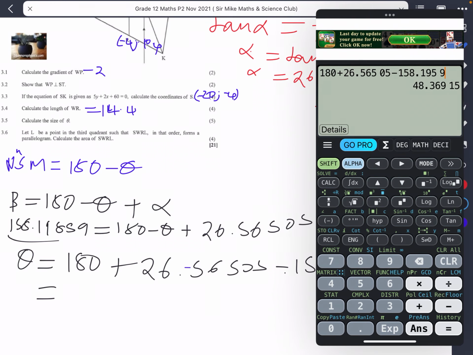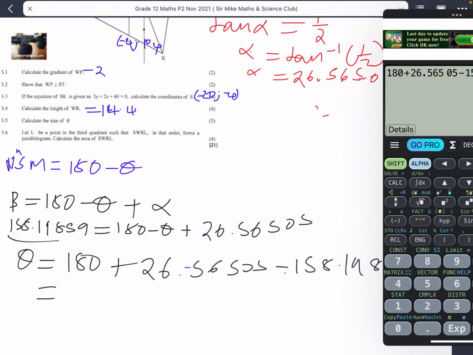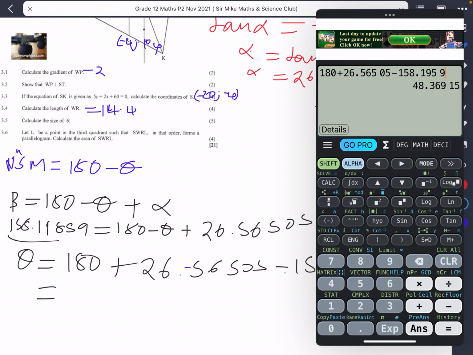So that was actually 19859. So in this case, you actually get theta being 48.367. So we do know that theta would be 48.37 there. So that would be the value that we would get for that one.